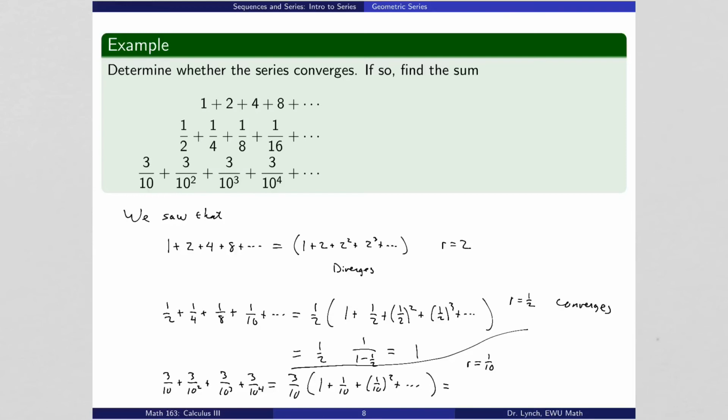Of course, the R here is 1/10, so that converges. And again, we know that it converges to 3/10 times 1 over 1 minus 1/10, which is exactly 1/3. Okay, lots of geometric series can be expressed this way. All geometric series can, and it's quick to find their convergence.